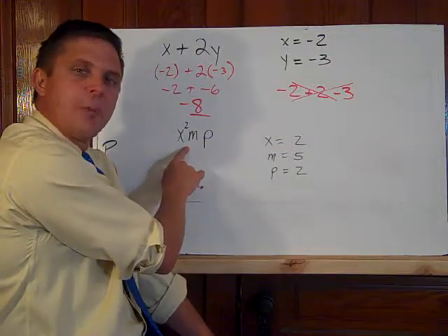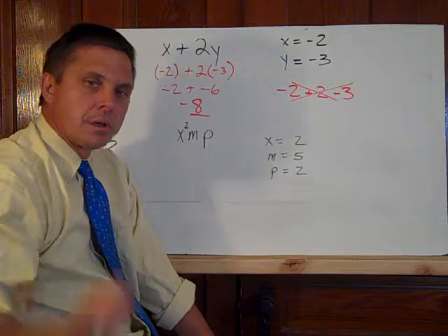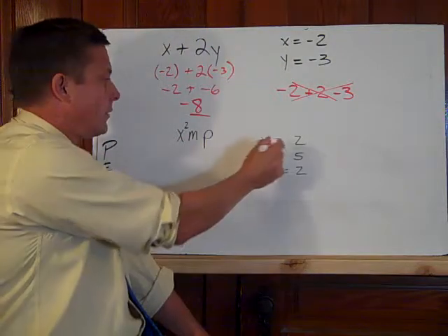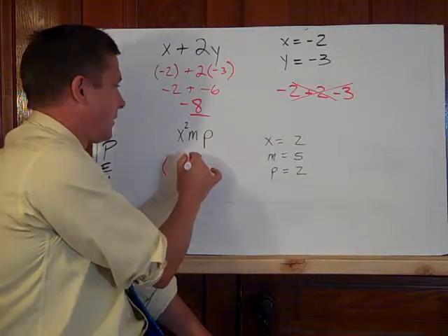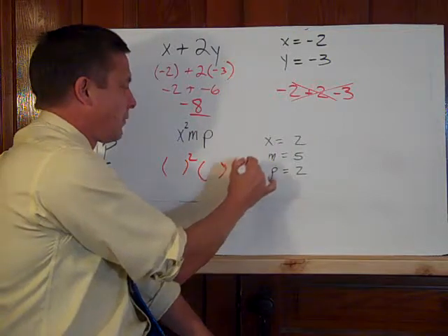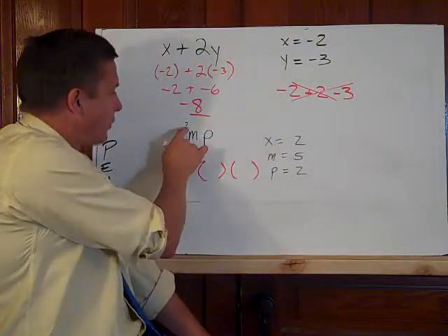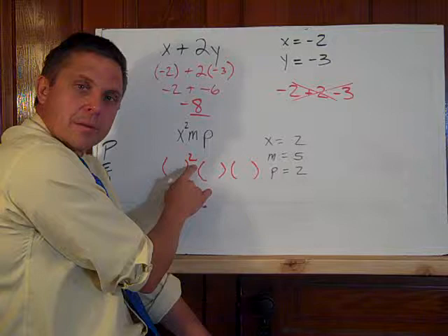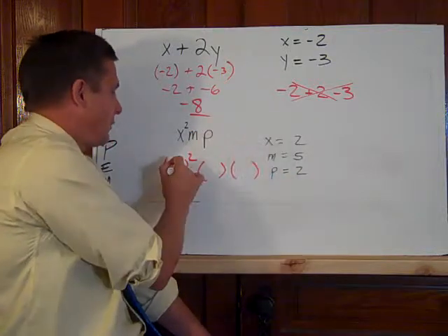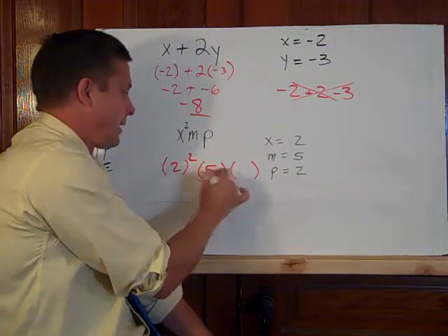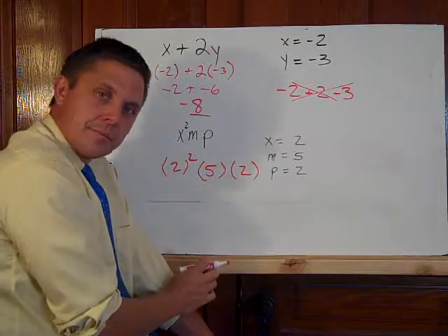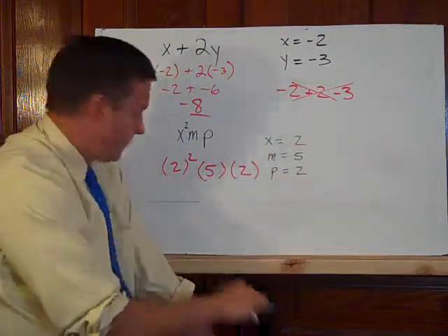x squared m p. How many terms? 1 term. So we do our evaluation. I start by replacing the variable with parentheses, and you notice the square stays on the parentheses. So I put in my x, my m, and my p, and I can have the same value.